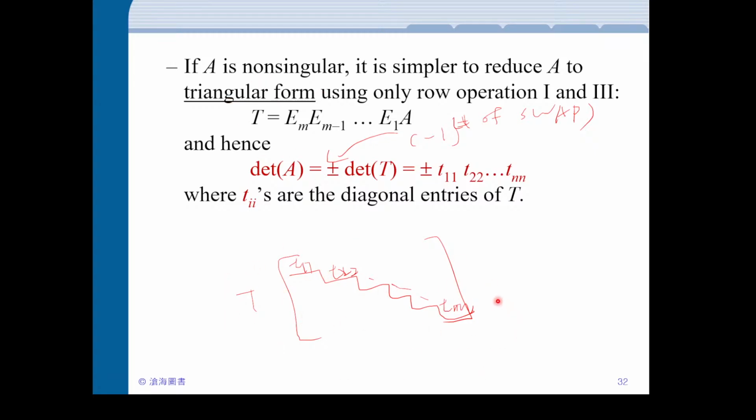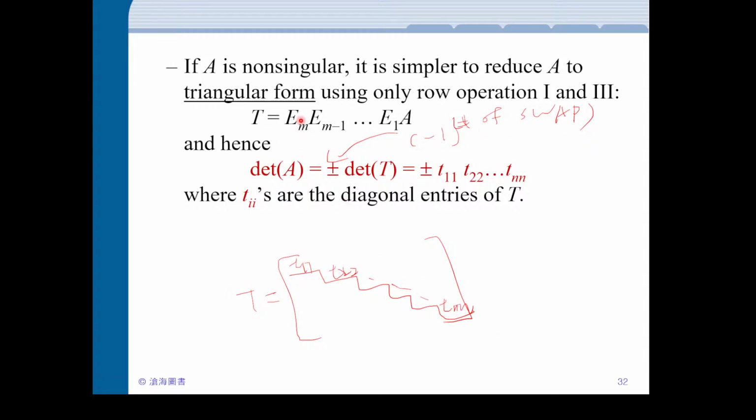Then the determinant of T is easy to calculate because it's triangular form. So the determinant of T is just the product of those diagonal entries. And then you only do operation 1 and operation 3. So the determinant of A is just the determinant of T with a plus or minus sign. And this plus minus sign is -1 to the number of swaps you do when you get this triangular form.